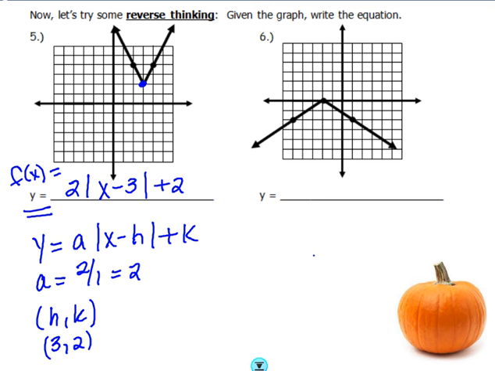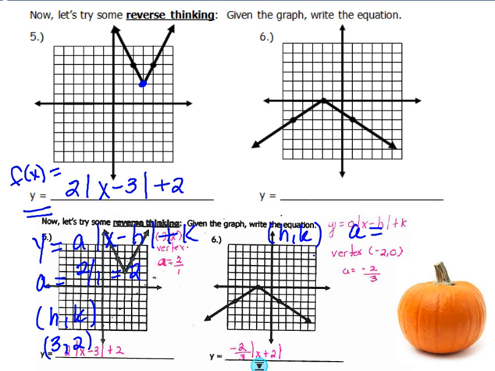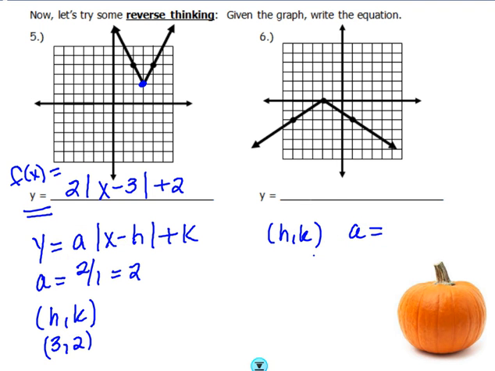Alright, let's look at number 6. We need hk, and we need a. This time my h is negative 2 and my k is 0. So negative 2, 0. My graph is facing down, so I know my a is negative.